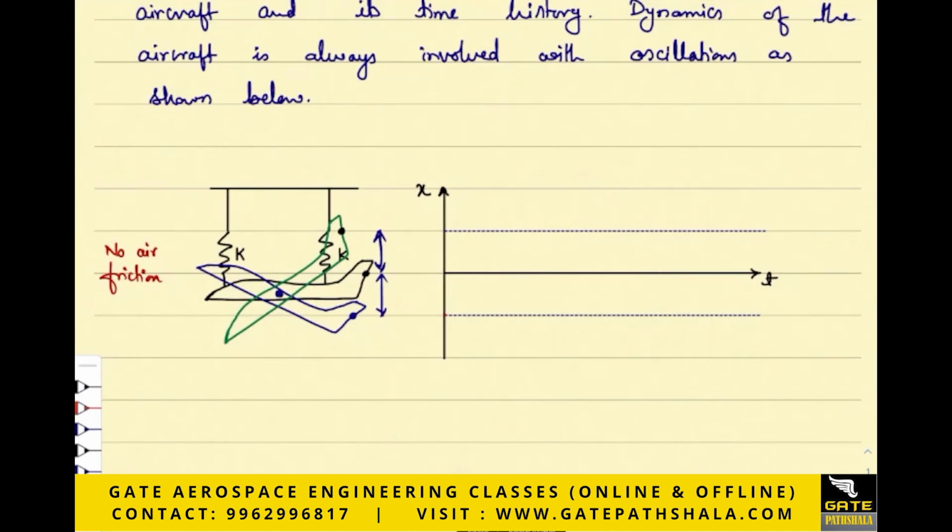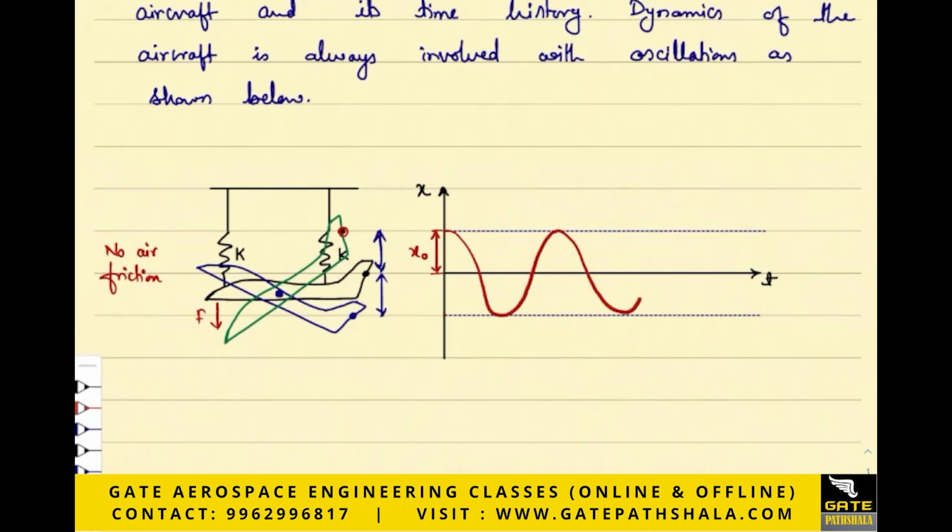Suppose I displace my aircraft first like this, and I am observing this point. So my initial displacement is this. Hope you are getting my point. This is my F. I applied the force F and I will begin here. This is my initial displacement. If there is no air friction, what will happen?